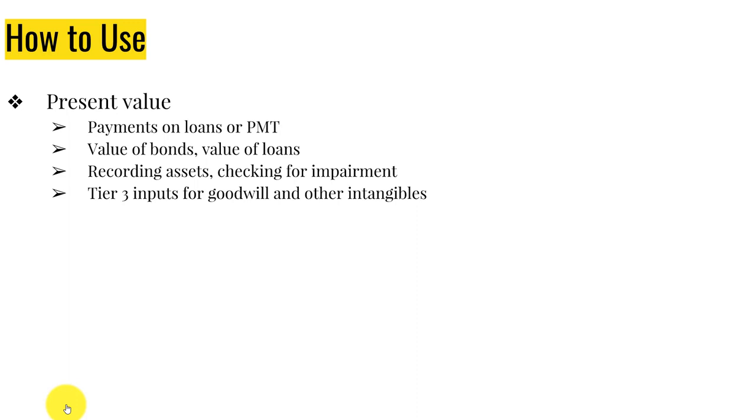That means you don't have to pay somebody else for that idea. An estimate of those future cash flows would be used to calculate the fair value based on the present value of those future cash flows. And of course, you're going to apply it with goodwill and some other intangibles, which are almost always going to be level 3 inputs, assumptions you have to make internally in your company.